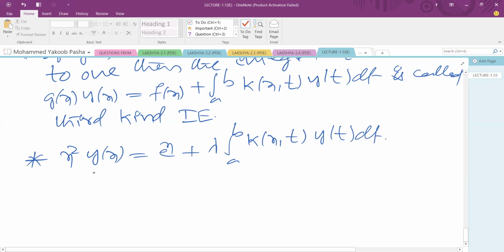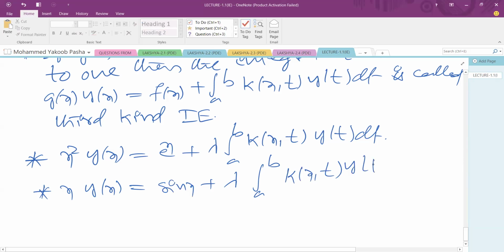You may write another example also, like x into y of x is equal to sin x plus lambda into integral a to b k of x comma t into y of t dt.